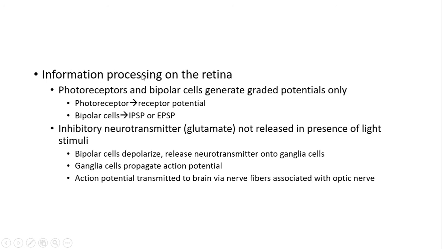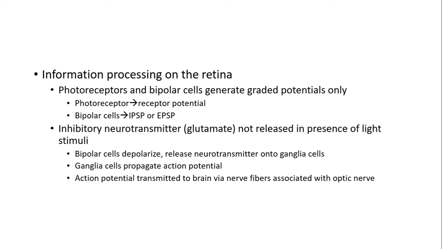For example, the photoreceptors make the graded potentials, which are the receptor potentials, and then the bipolar cells make their graded potentials, and depending on the bipolar cell, their postsynaptic potential, their PSP, is either going to be inhibitory or excitatory. It just depends on which bipolar cell it is.